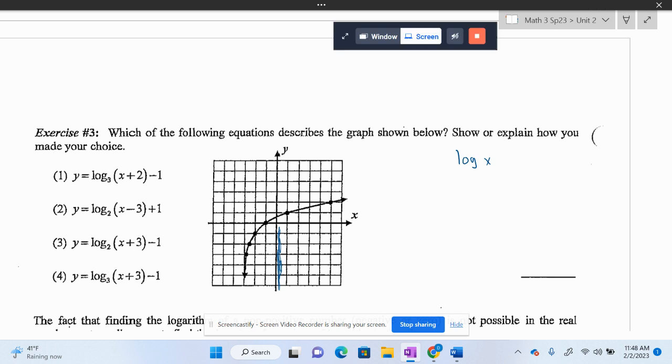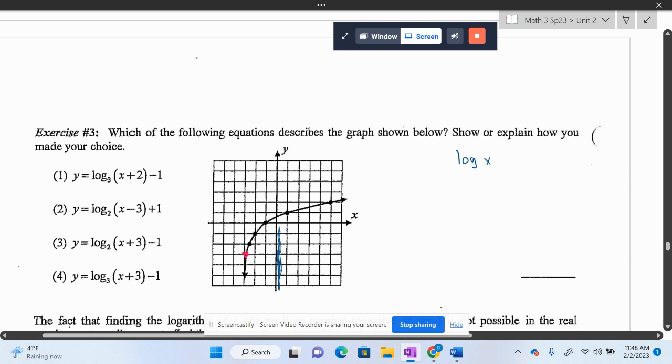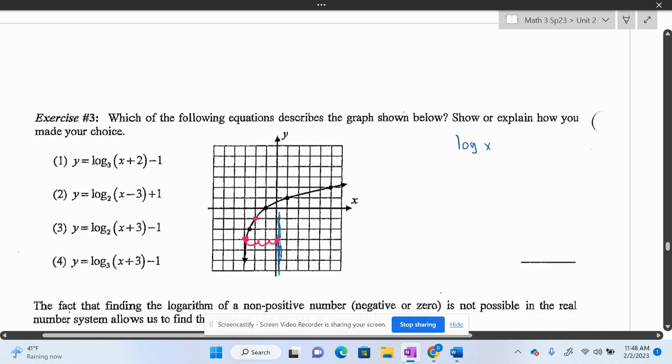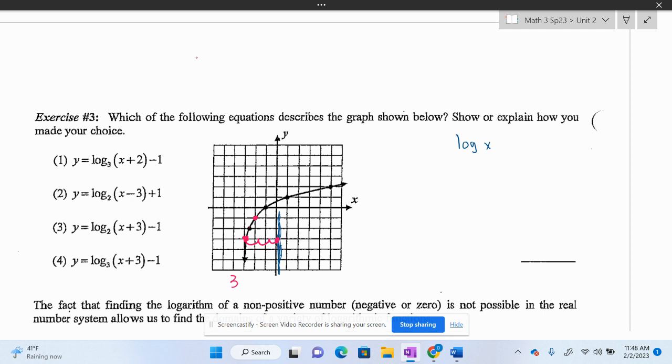You believe it? So the first thing I'm going to do is count. How much did this move? What was my shift? It's 3. The original log graph was moved 3 units to the left.